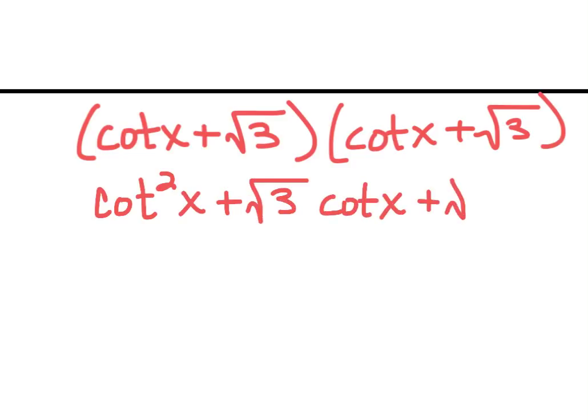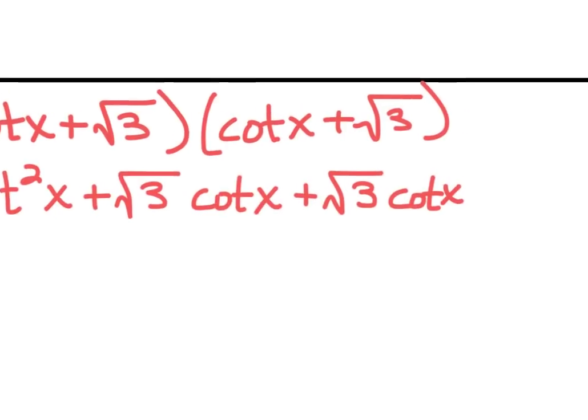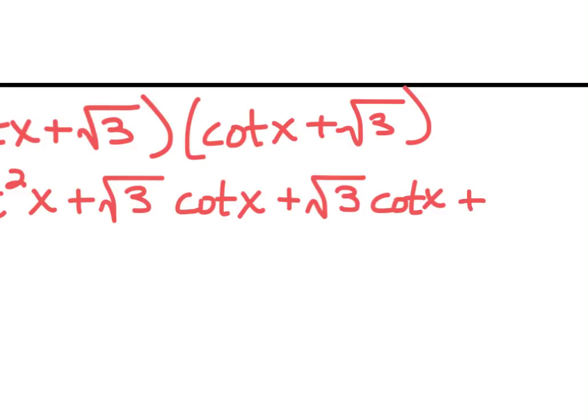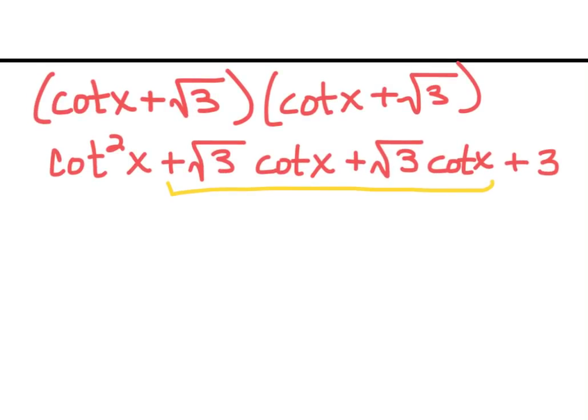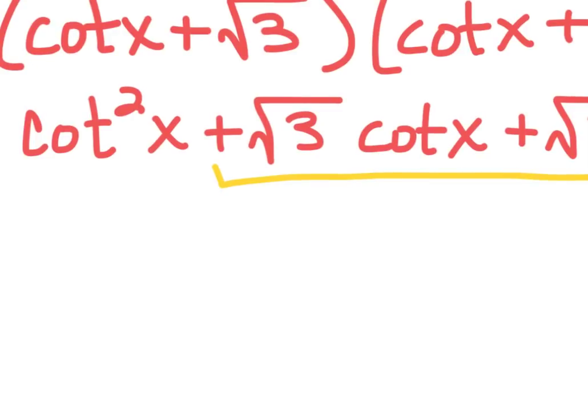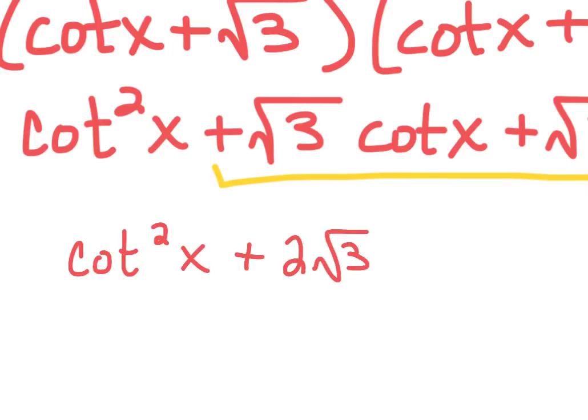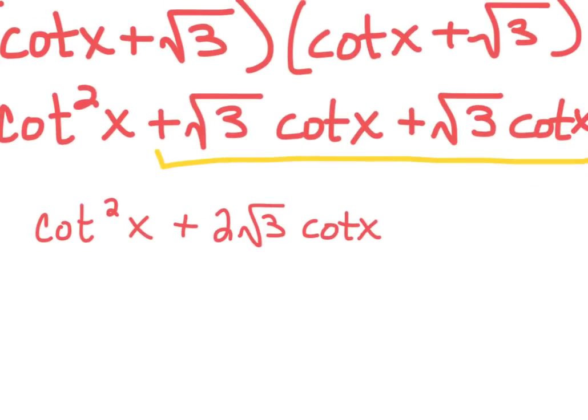Multiply your insides, that's again radical 3 times cotangent of x. And then multiply your lasts, radical 3 times radical 3 is just 3. Now, your middle two terms are like terms, and so they can be combined. And so your answer is going to be cotangent squared of x plus 2 radical 3 cotangent of x plus 3.